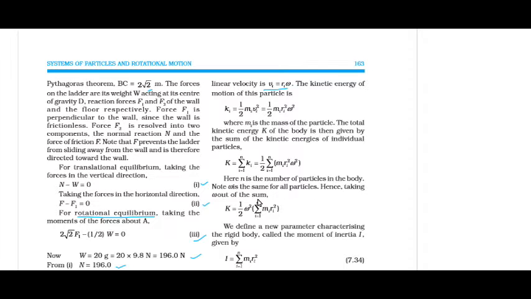Hence, taking omega out of the sum, we get K is equal to half omega square times the sum from i equal to 1 to n of mi ri square.